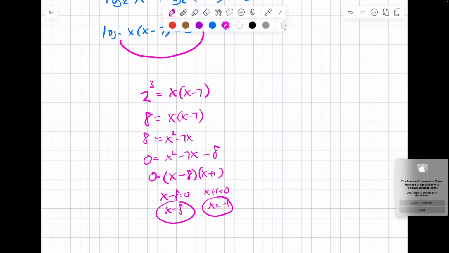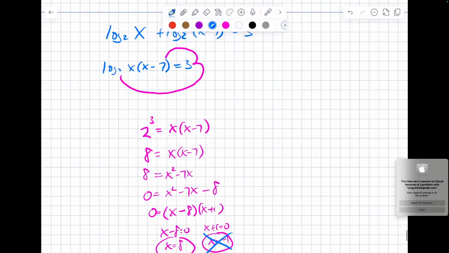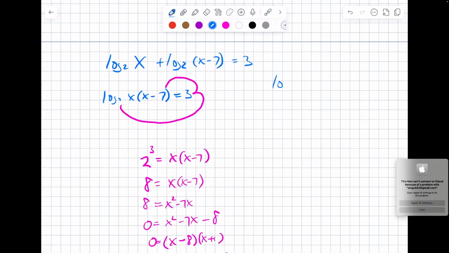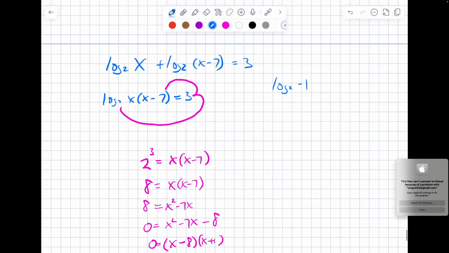Now, one of the answers does not count. Which answer does not count? Negative 1 does not count because it is extraneous. Just imagine if you plug in log base 2 of negative 1. That doesn't work because it does not exist. Why? Because 2 to the what power is equal to negative 1?